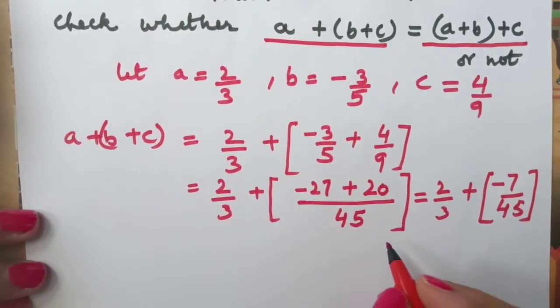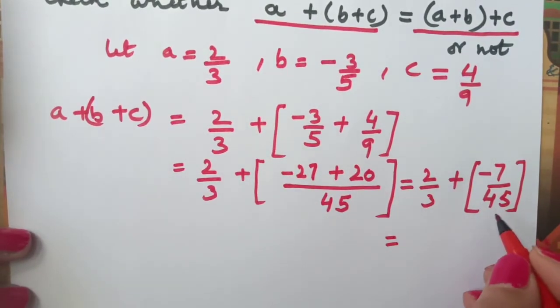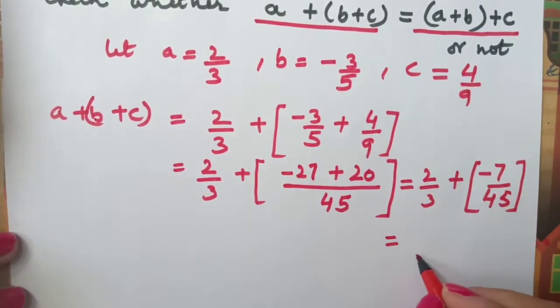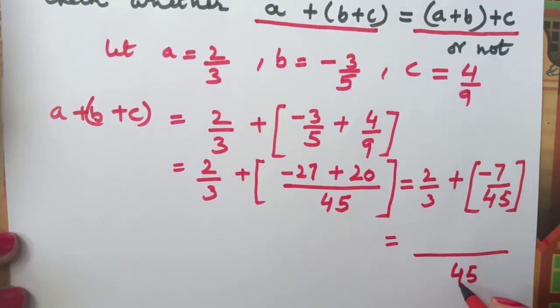For further solution, what we will do? We will take the LCM of 3 and 45. The LCM of 3 and 45 is 45. We will solve it. 3 से इसे डिवाइड करेंगे 45 को, तो क्या मिलेगा हमें? 15.